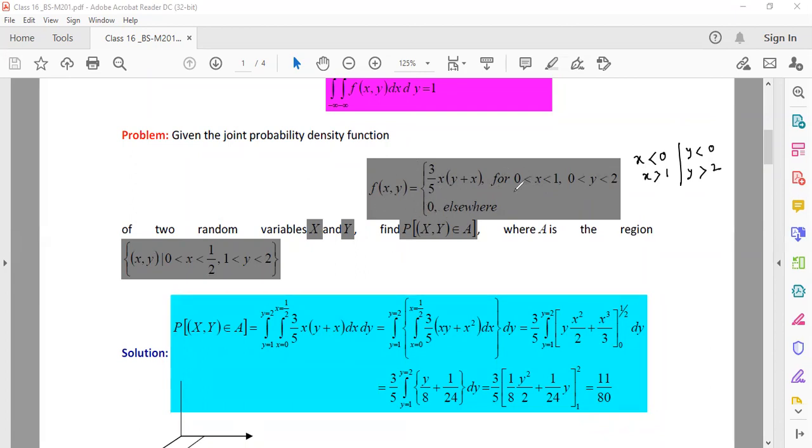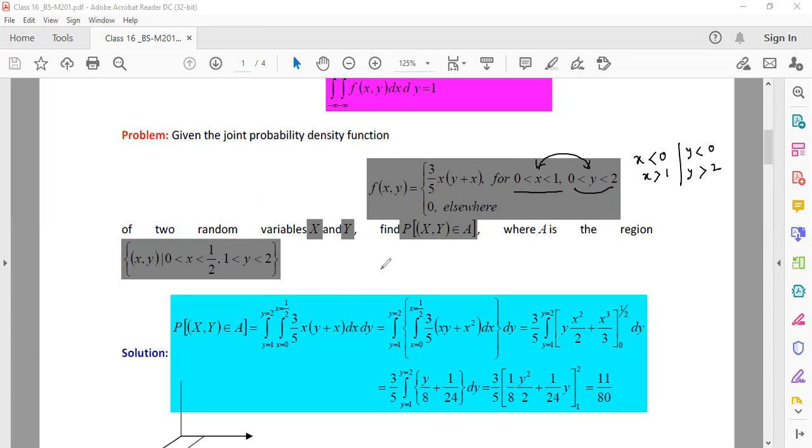So we have to consider the probability function value in these two ranges only, 0 to 1 and 0 to 2. 0 to 1 is for the real line corresponding to the x-axis, and 0 to 2 is corresponding to the y-axis.